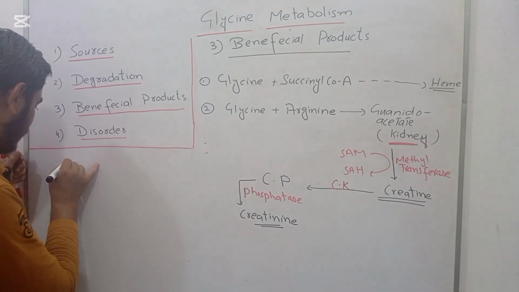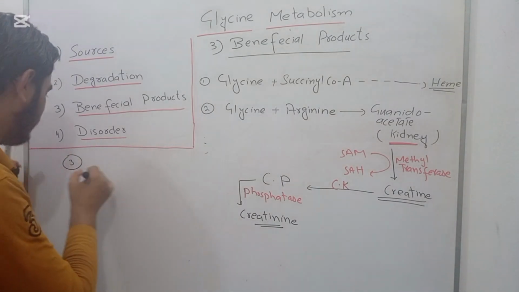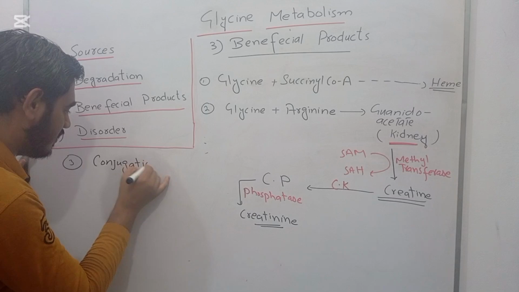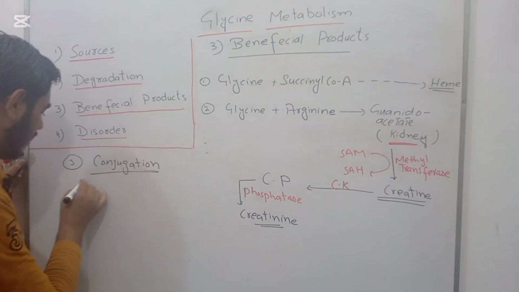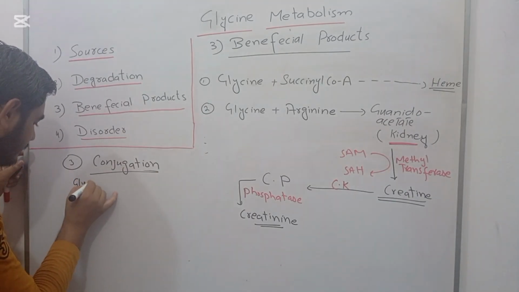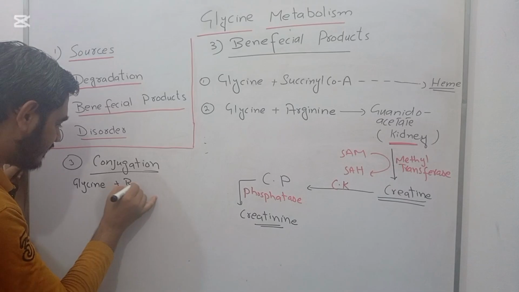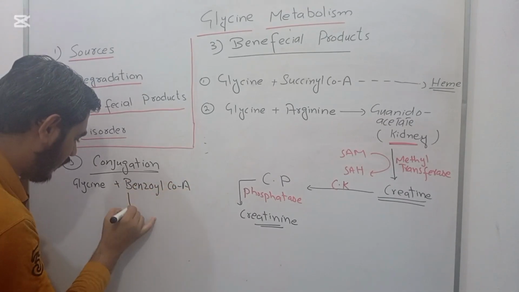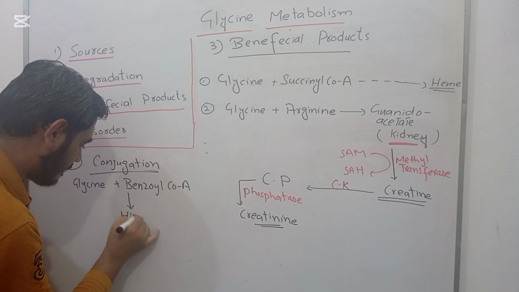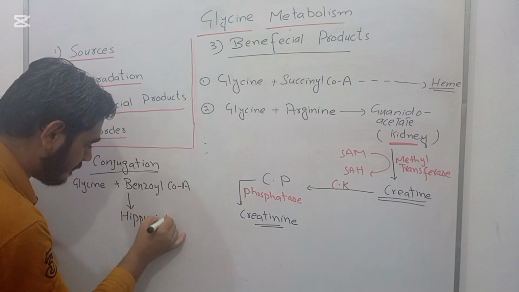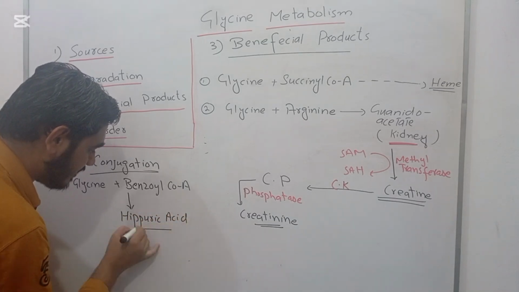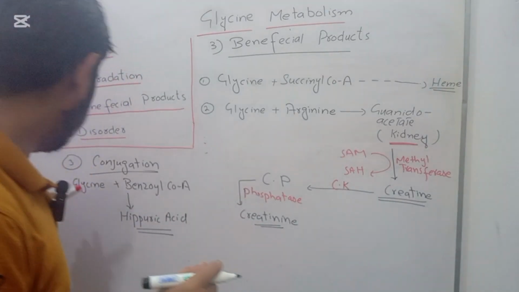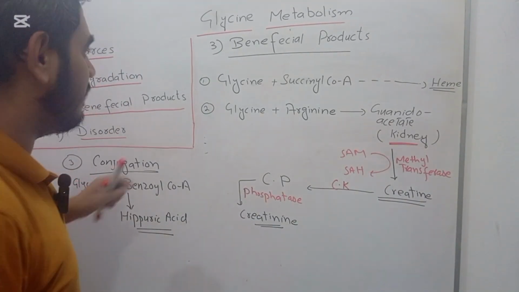Another one: glycine also is involved in conjugation reaction. Basically, this glycine gets condensed with benzoyl CoA and forms hippuric acid, and this hippuric acid gets excreted through our kidney. So these are the formation of beneficial products.